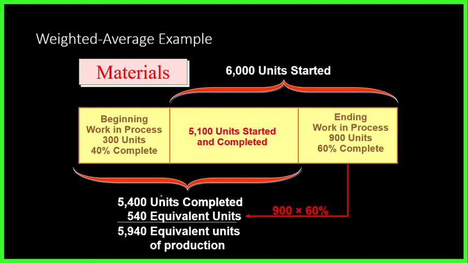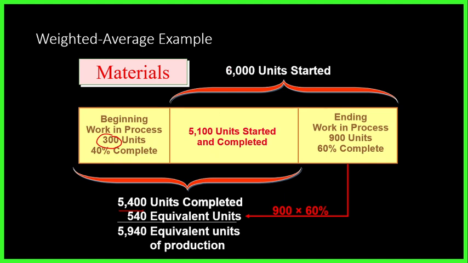You started 5,400 but you already have 300 units that should be completed for this period. Also, which means out of 5,400, if you completed, 300 of that came from your beginning balance. Ibig sabihin yan, 5,100 came from the 6,000 units started during the period.